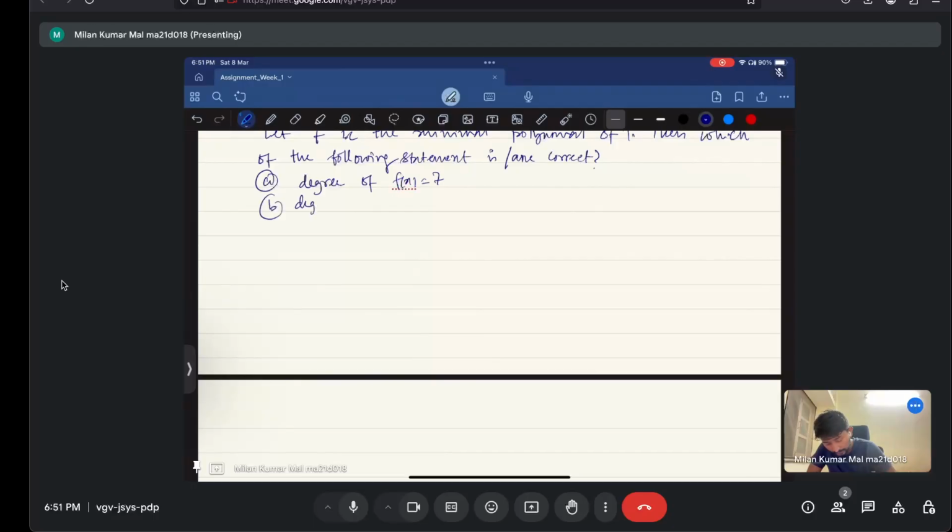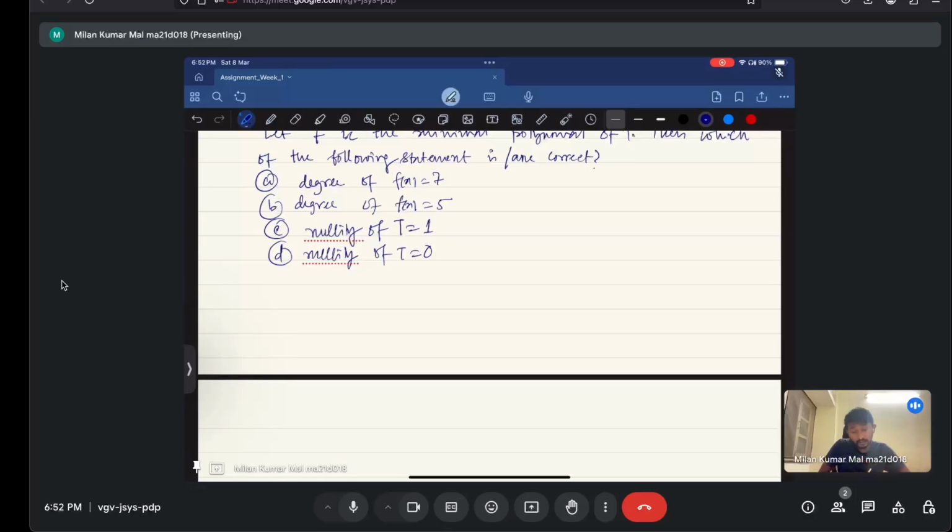Option B, degree of f(x) is equal to 5. Option C, nullity of T is equal to 1. And option D, nullity of T is equal to 0.